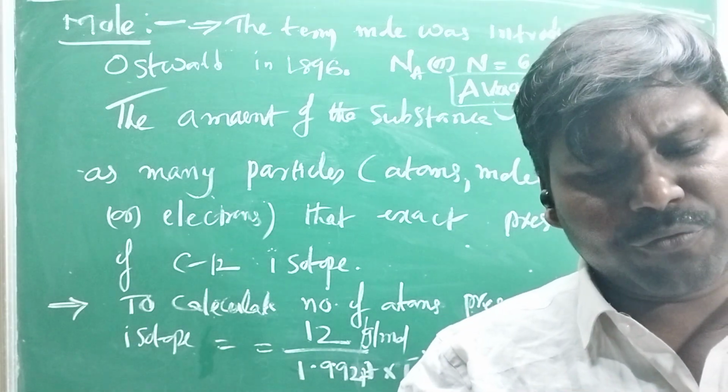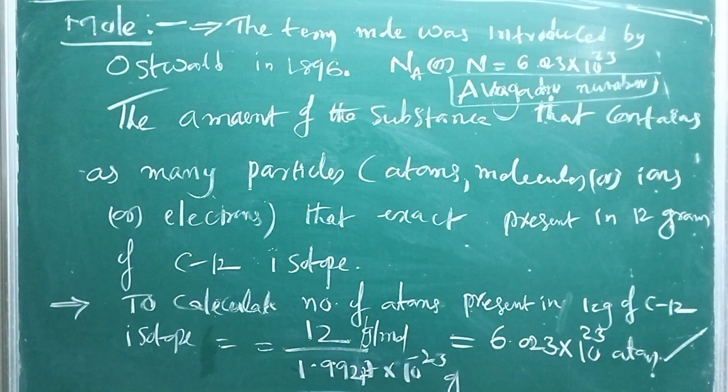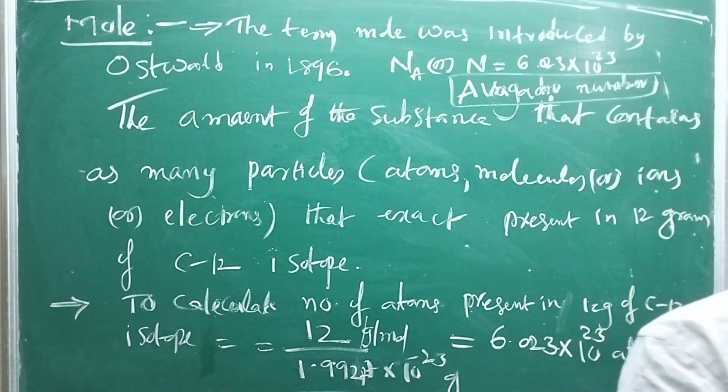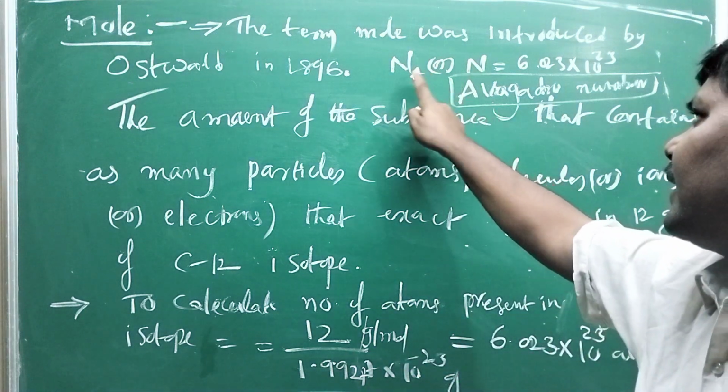The number of entities in 1 mole of a substance is called Avogadro number, denoted by the symbol capital N or Na.